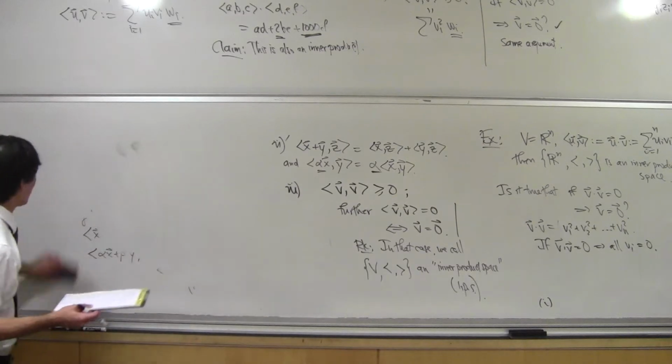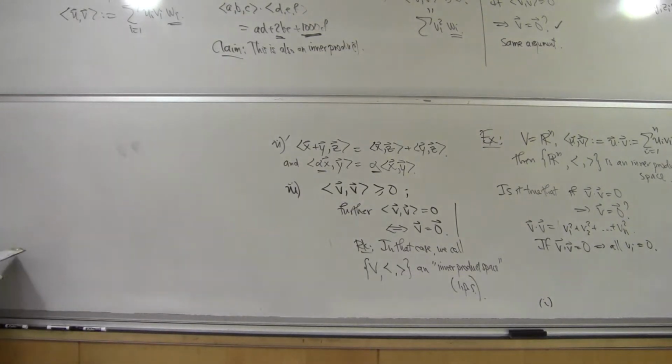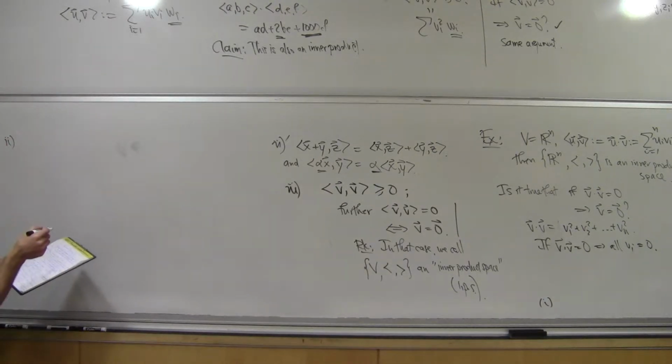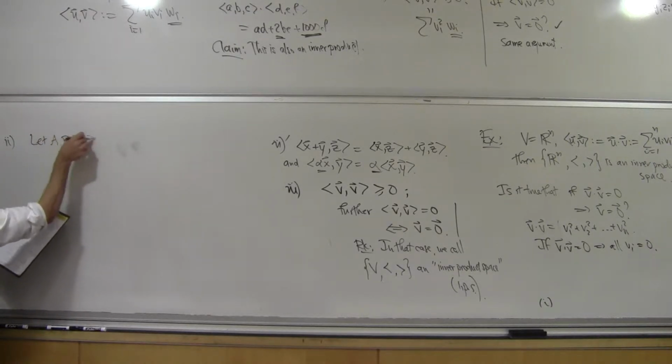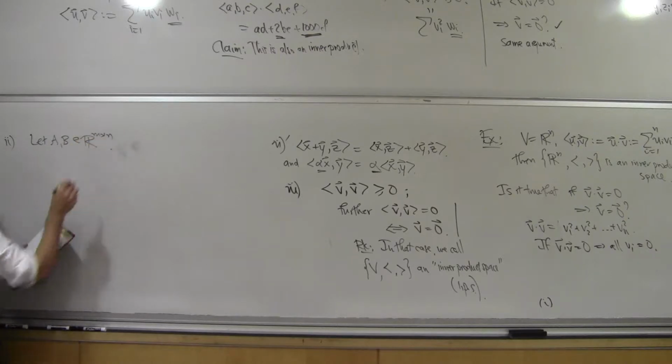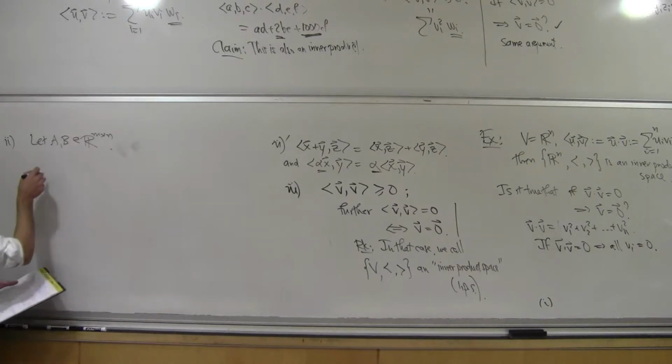Okay, more examples. And kind of a dumb one. Example 2, I guess. Let A and B be matrices.